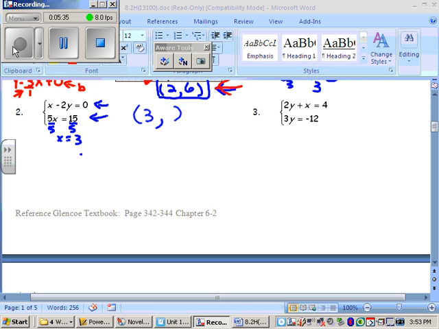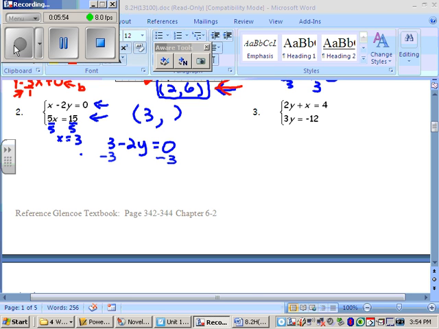To find the y, we simply need to plug the value of 3 in for x into the first equation and then solve for y. So we would have 3 minus 2y equals 0. And now we will solve it for y.